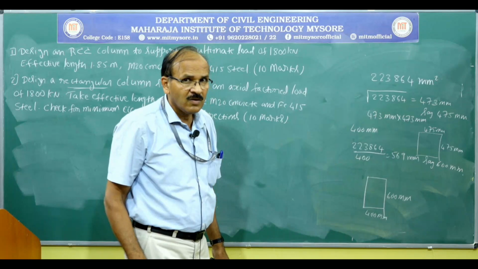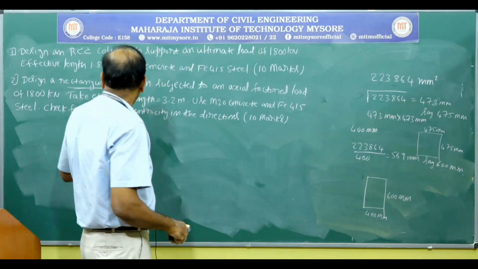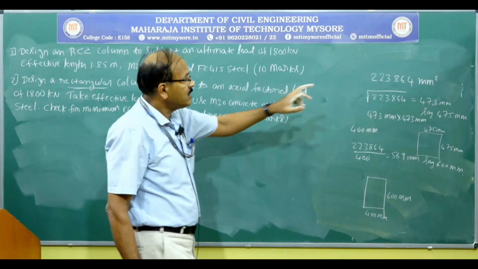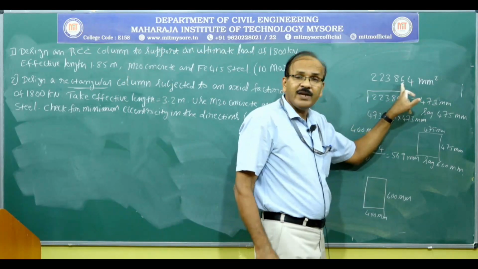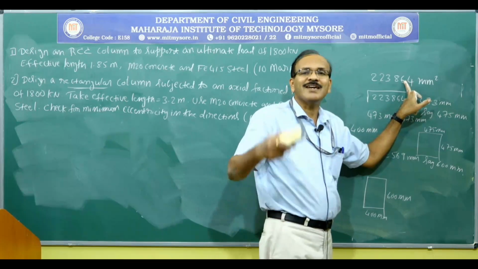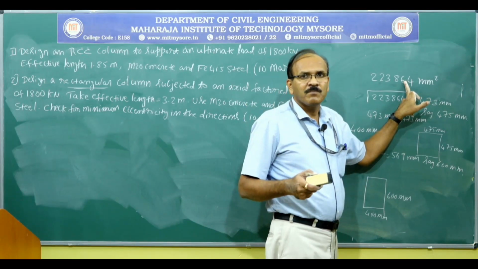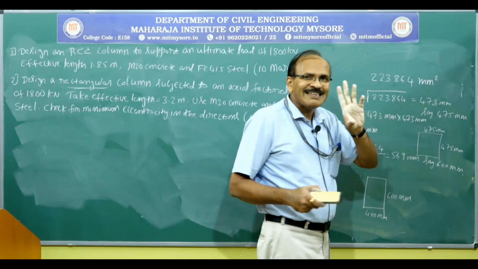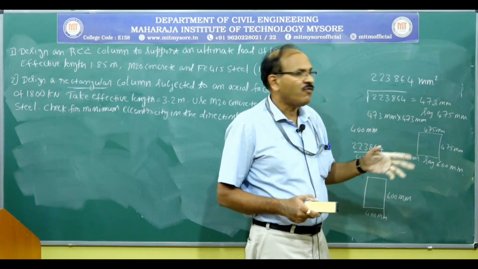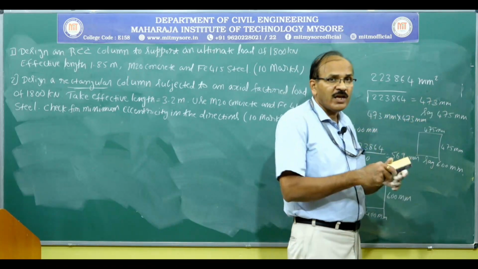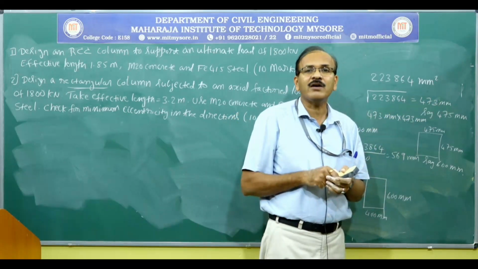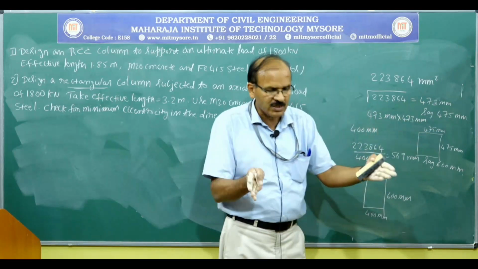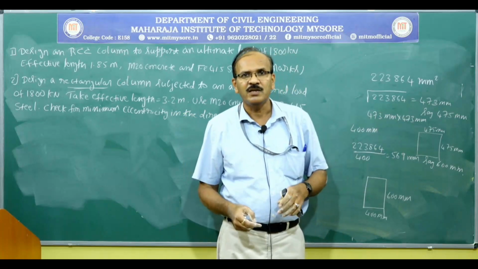You got it? So this is the way you are going to find out the dimensions required for a rectangular column. That is, find out the area by assuming a certain percentage of steel. Once you know the gross area of the section, just to get a glimpse of what dimensions are required if you are to provide a square column, take the square root of it, you get some idea if it was a square, 473 by 473.